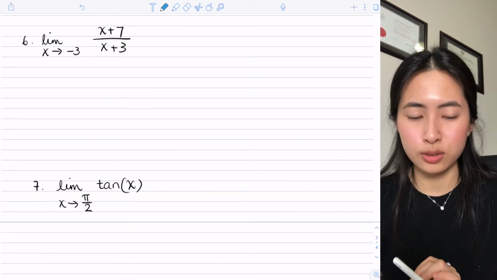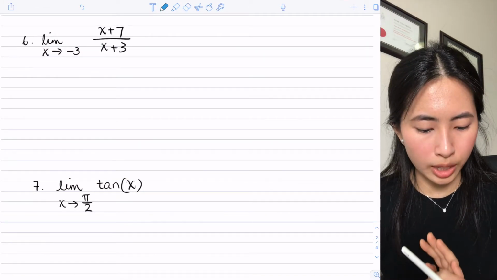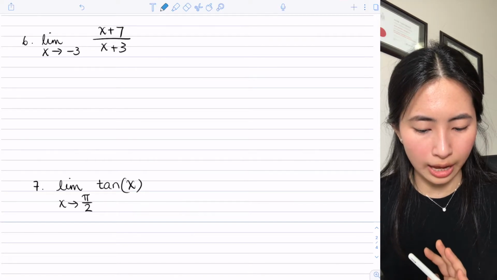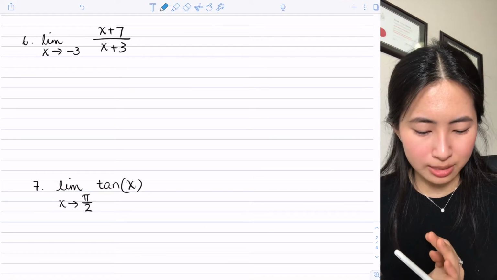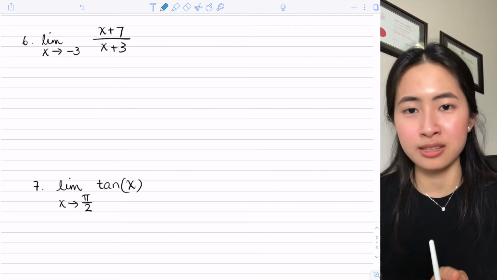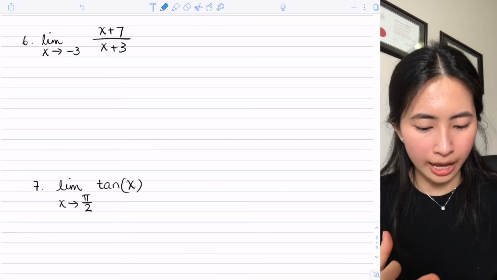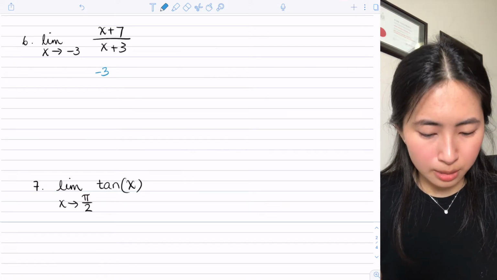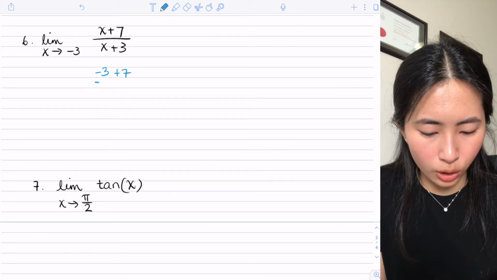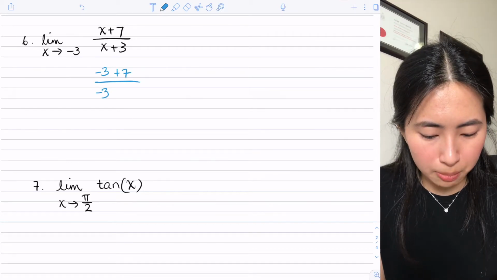Moving on to number 6, we're supposed to evaluate the limit when x approaches negative 3 and you have a rational function again, which is x plus 7 over x plus 3. So again, same thing, substitution. You apply negative 3 and plug that into x, so you would have negative 3 plus 7, all over negative 3 plus 3.